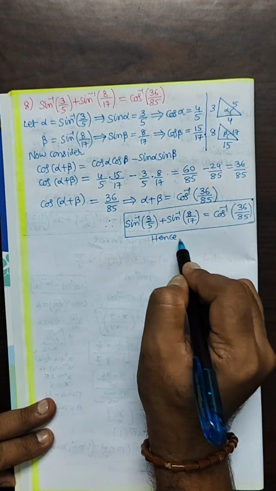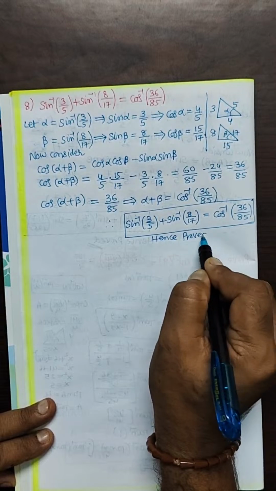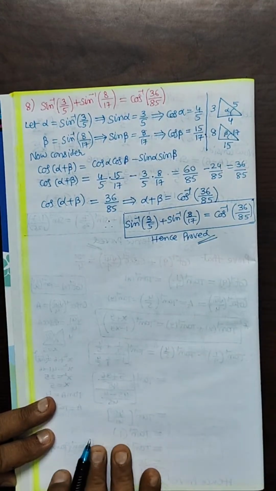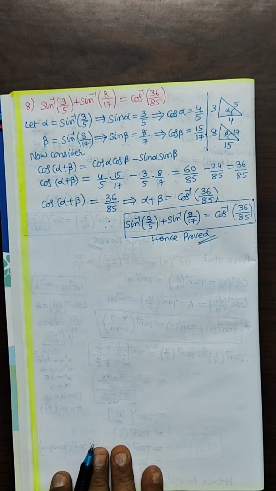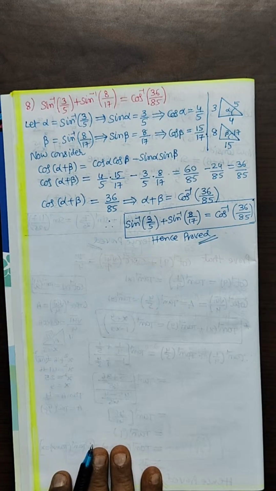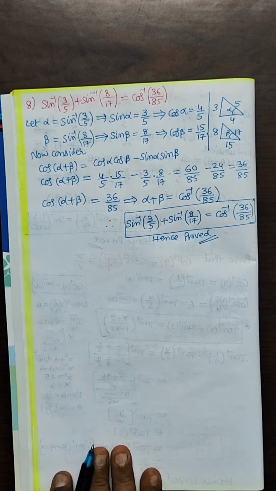Hence, proved. Okay, dear students, this is the way we can do it. So we'll move to question number 9 in this session. After 9, we have 6 more questions that we will finish in the next session.